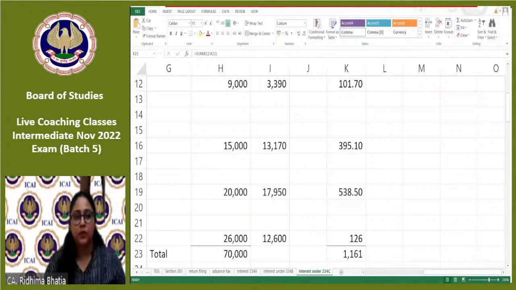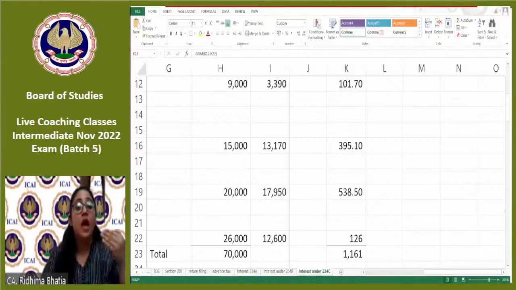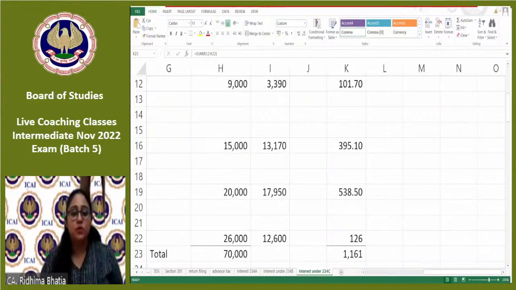Shortfall is up till that date, paid का क्या difference है. So up till that date, 45% has to be deposited. Suppose in the second installment, you actually deposited how much? 9 plus 15 only. So 37,170 minus 9 plus 15, 13,170. Up to 45% उस date तक deposit होना चाहिए.